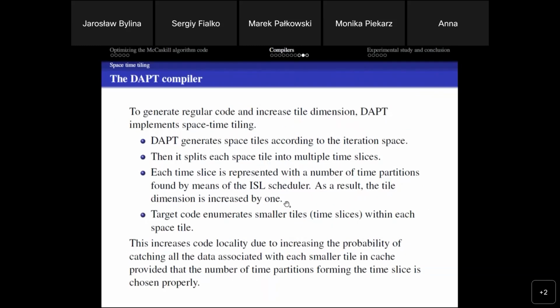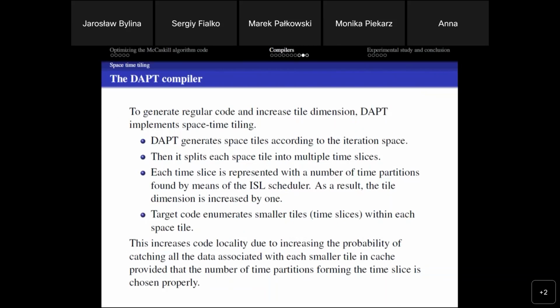And the adapt compiler is the new tiling strategy which we invented about 3-4 years ago. So it took some time to implement this in practice. And the idea is that this is space-time tiling.